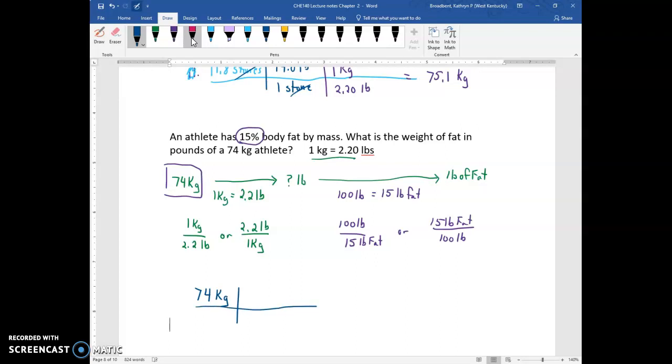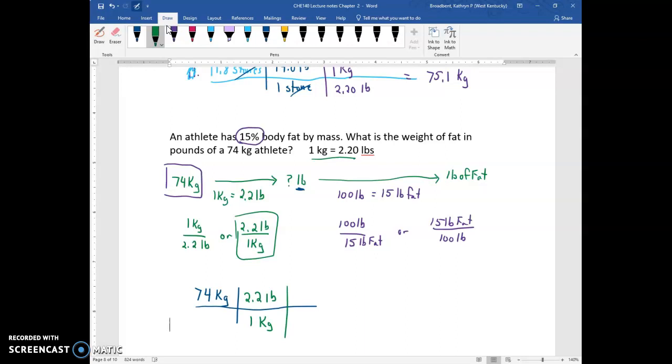In this first conversion, our aim is to get rid of kilograms so that we'll be in pounds. So we'll want kilograms on the bottom and pounds on the top. So we're going to use this conversion statement right here. We're going to multiply by 2.2 pounds and divide by 1 kilogram. All right, that's the first conversion.